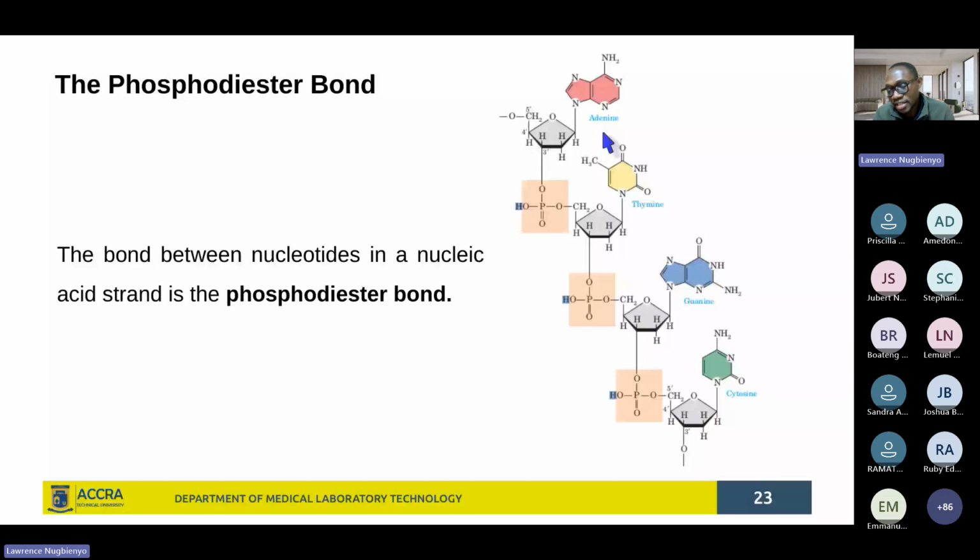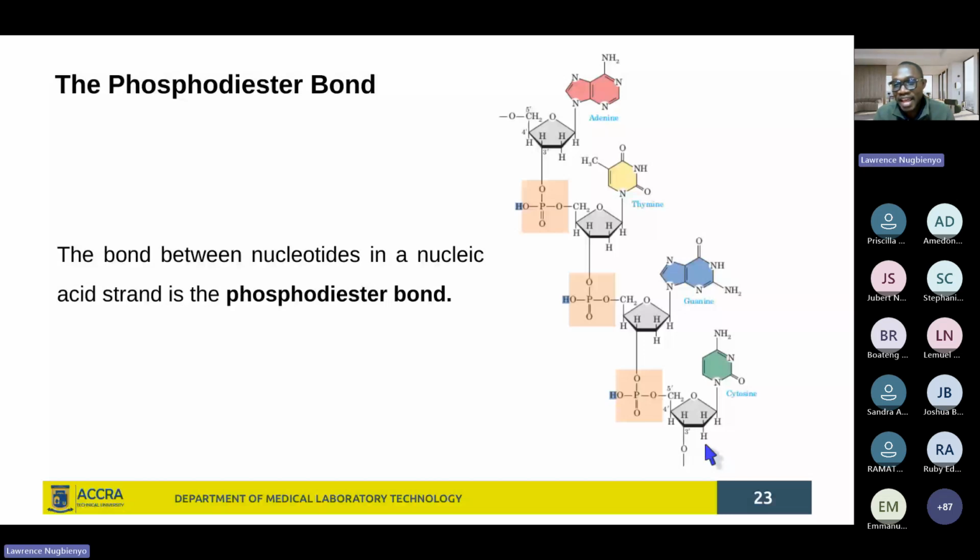So if we want to write this fragment with those letters and show the ends, I'll write 5 prime, A, T, G, C, 3 prime.